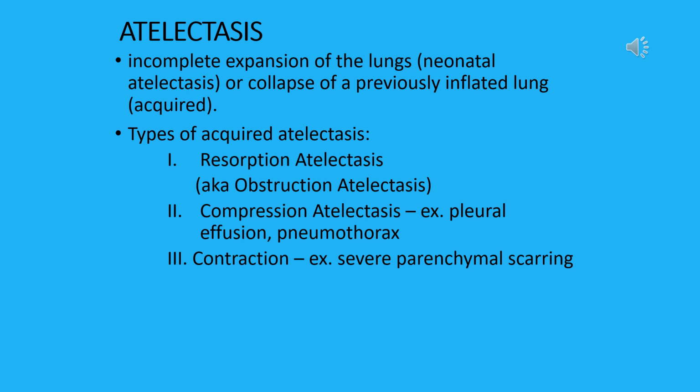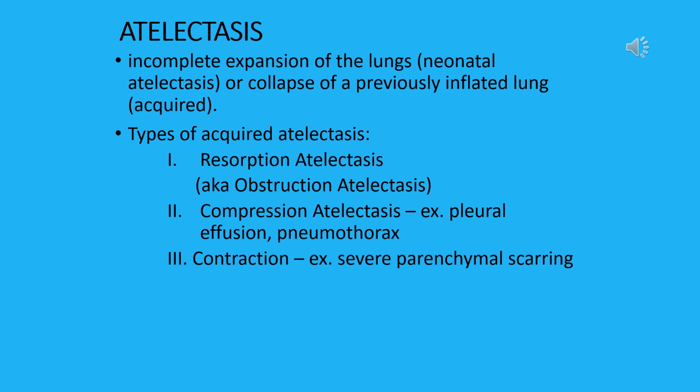Atelectasis refers to loss of lung volume due to incomplete expansion of the lungs, such as that seen in neonatal atelectasis, or collapse of a previously inflated lung referred to as acquired atelectasis.